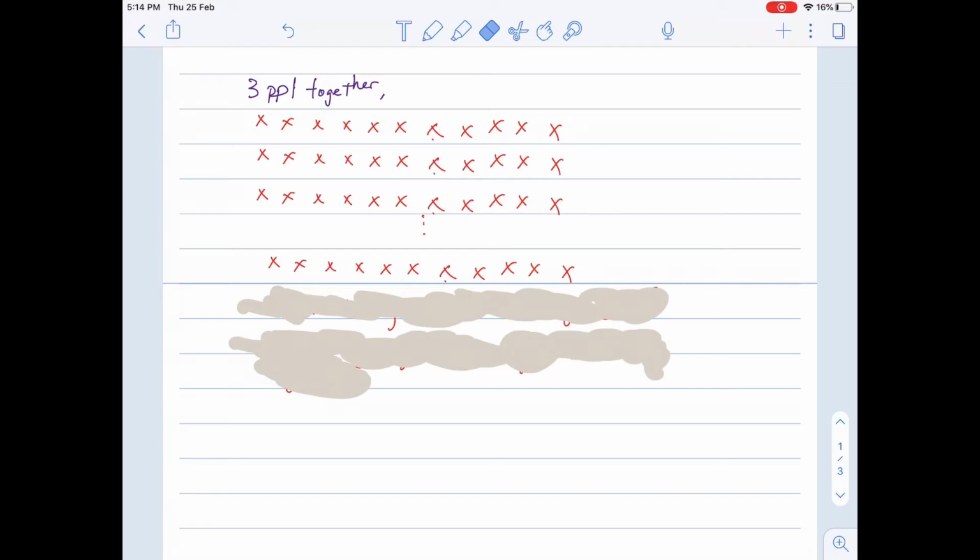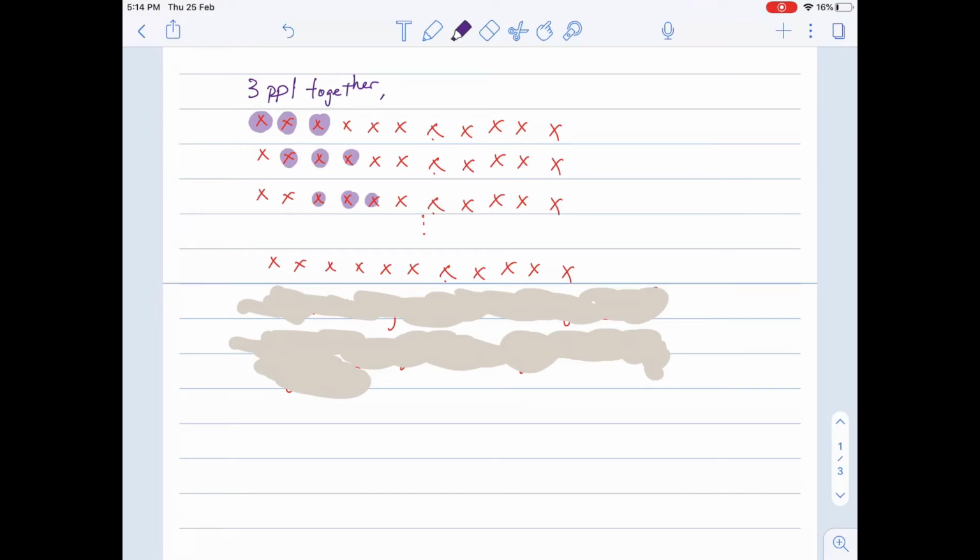The other way that can violate the rule is to put all 3 of them together. So 3 together, that's one way. 3 together, shift 1 to the right, that's the second way. And then shift 2, 3 together again.